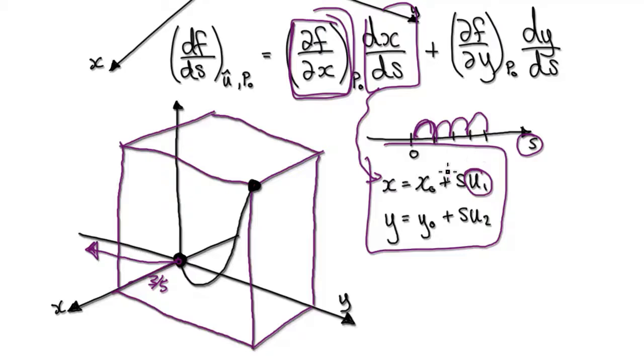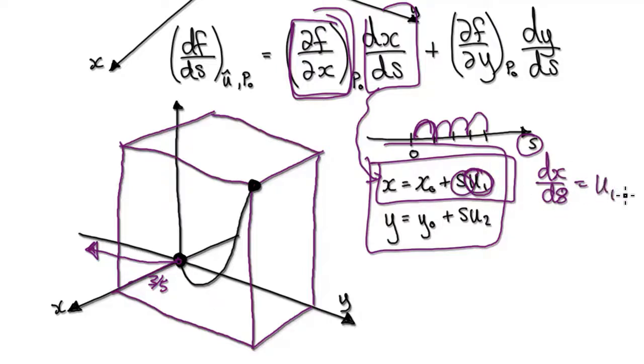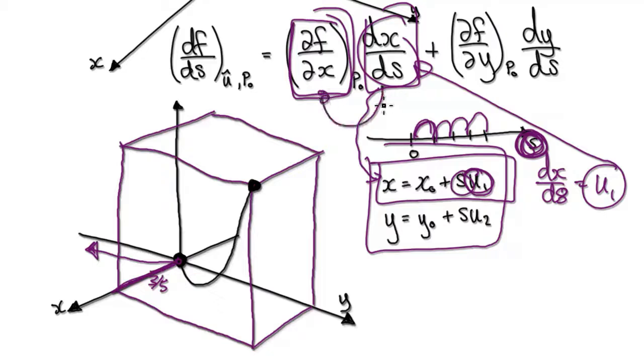So if you differentiate this with respect to s, it will give you dx by ds equals u1. So this u1 here is really this thing here. The point is that 1 unit of s, you would have moved across by this much of an amount. Meaning, when you get this times this, you would have climbed by this much of an amount.